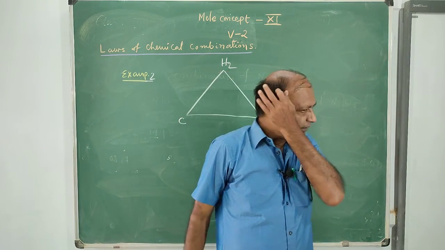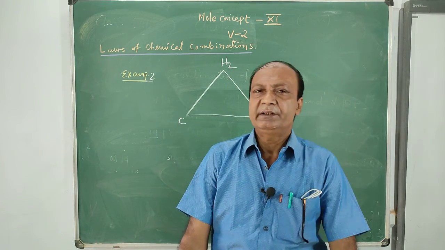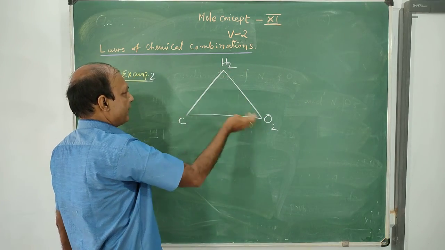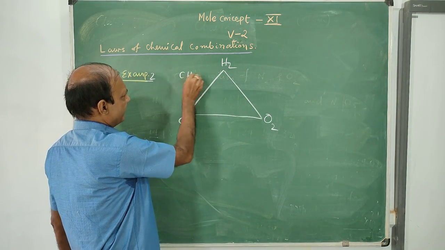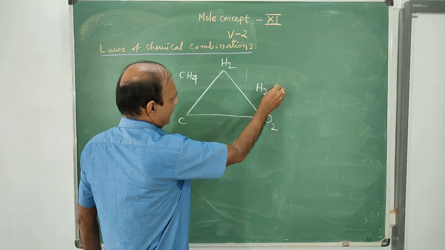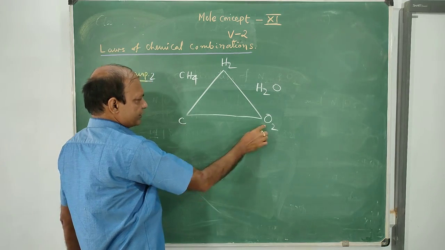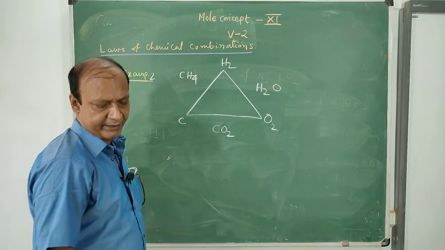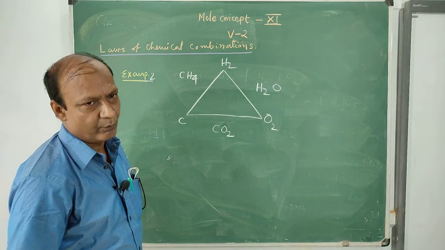Three elements are taken: carbon, hydrogen and oxygen. You know that carbon and hydrogen combine to form methane. Hydrogen and oxygen combine to form water. Carbon and oxygen combine to form carbon dioxide or carbon monoxide. You can write any one.